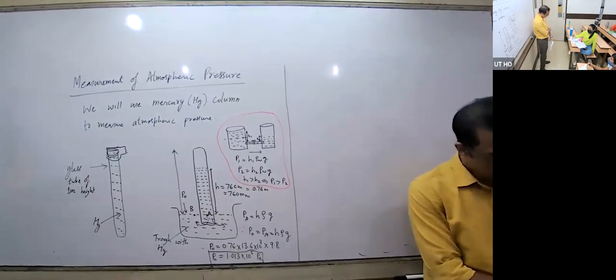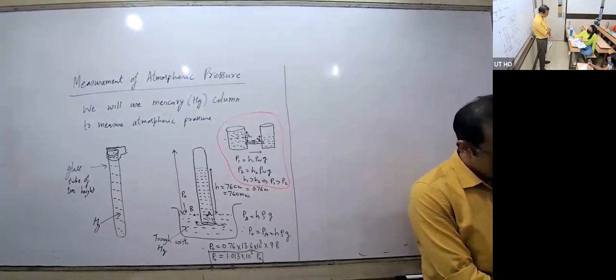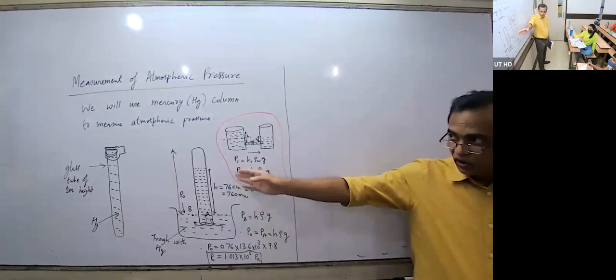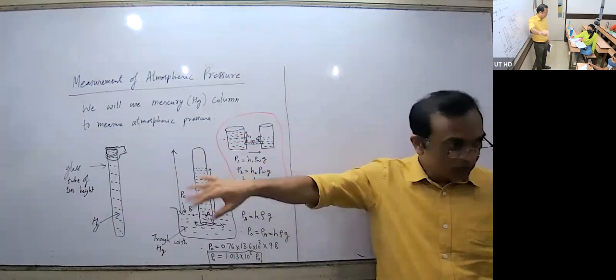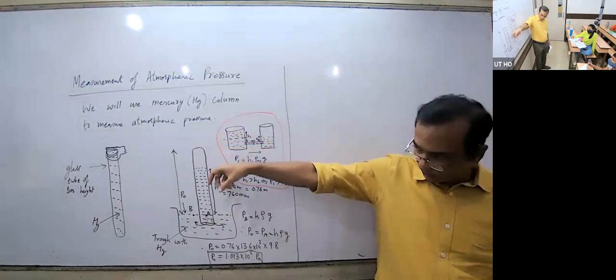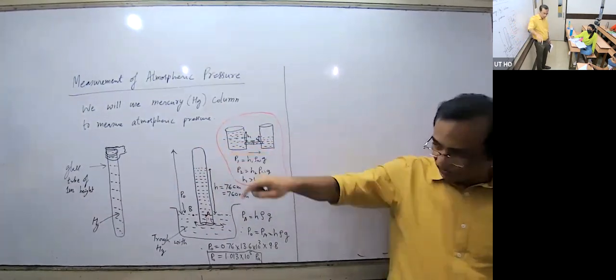If we increase the height, would the answer change? First of all, you can't increase the height, because when you increase the height, the pressure inside the tube will become more than the atmospheric pressure. So it won't stay. Once you invert the tube, that height will always be 76.